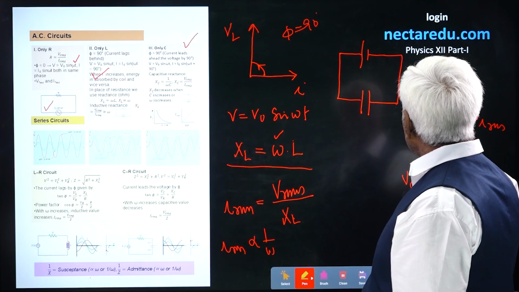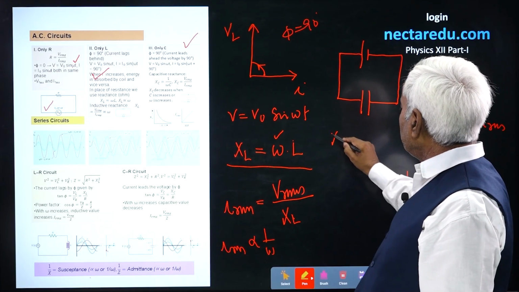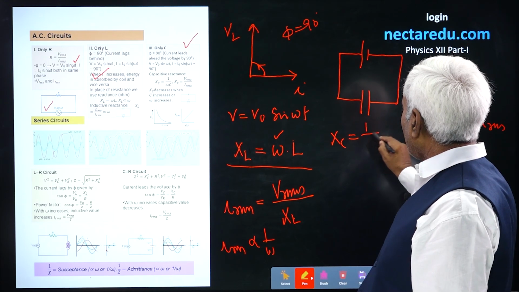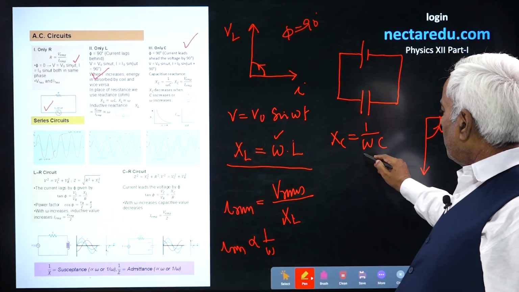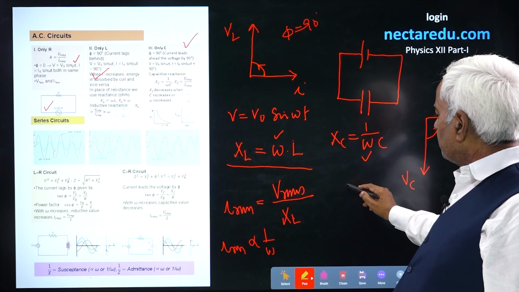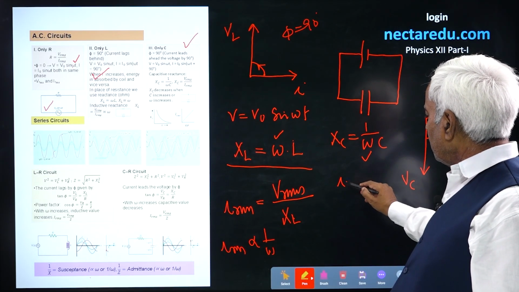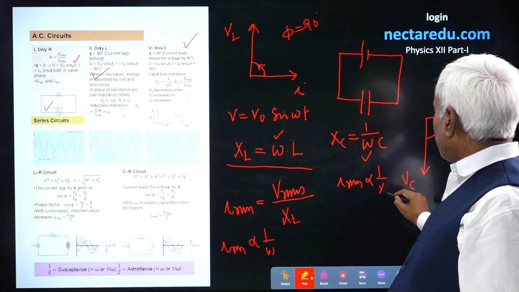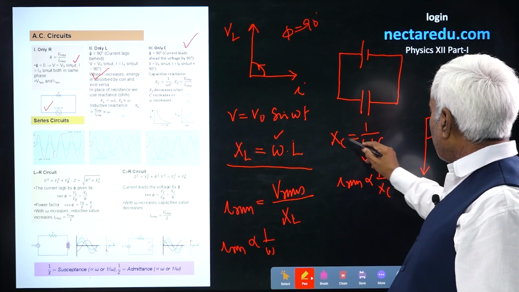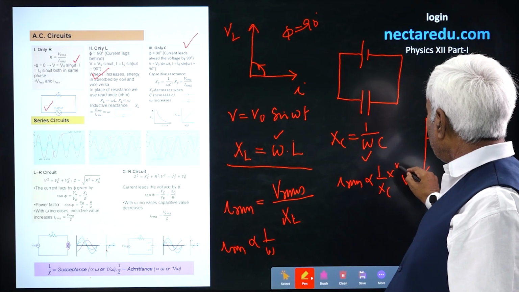Current is leading here. Here we use the term reactance, which is equal to 1 upon omega C, which means when you increase omega, X will decrease and current will increase. Irms is proportional to 1 upon XC, and 1 upon XC is proportional to omega.